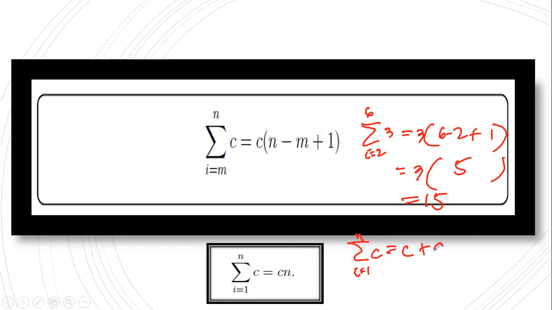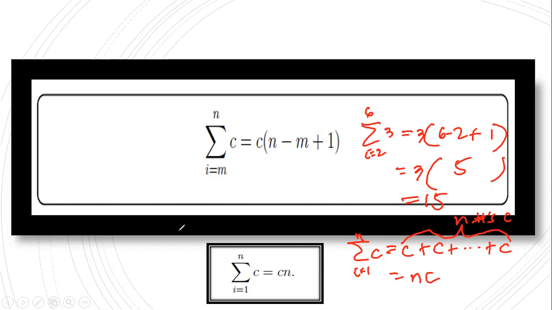The second term is also c, and so on until the last term, when I equals n, is also c, because it's the constant. If you count how many c's there are, there are n c's. As we all know, multiplication is just a series of addition, so it can be written as n times c.